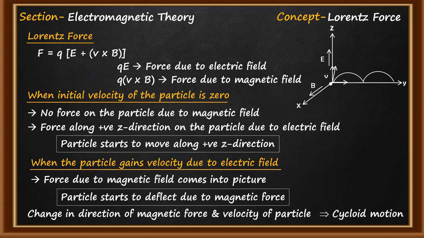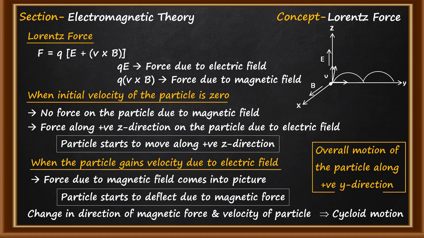But the overall cycloid motion is progressing along the positive Y direction. So we can say that the overall motion of the particle is along the positive Y direction. So the answer for this question is positive Y direction.